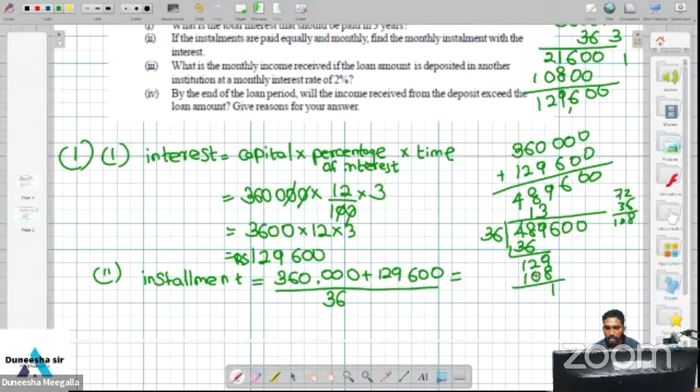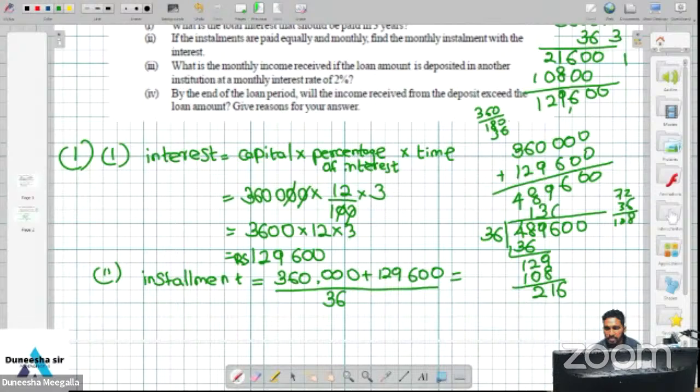Then 216. 360 භාග 180යිනේ. එහෙනම් ඒකට 36ක් add කරොත් then 216.